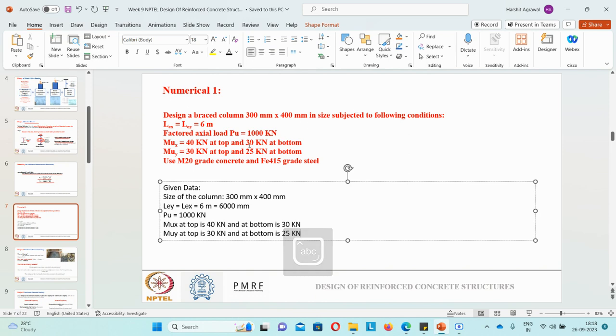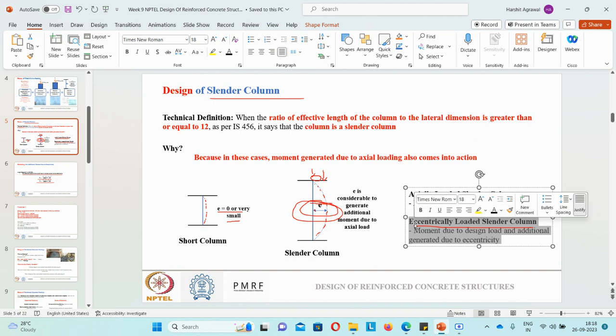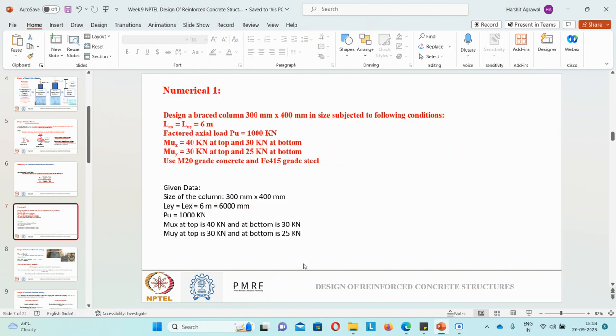Since there is some external moment also in this question, this belongs to the condition of an eccentrically loaded slender column. So we have some external moment due to design load, and there will be some moment due to eccentricity also. This is what is given to us now.